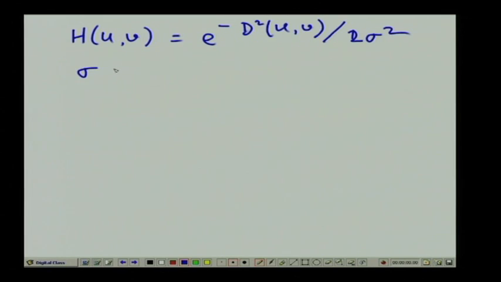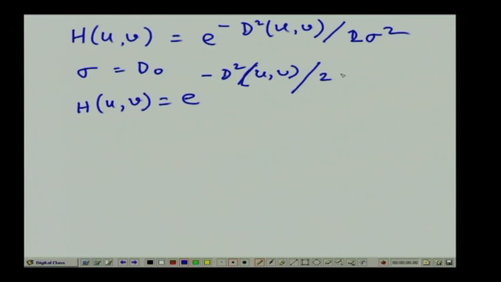If I allow sigma to be equal to the cutoff frequency, say d0, then this filter response will be e to the power minus d square u v upon 2 d naught square. Now, if I use such a Gaussian Lowpass filter for the filtering operation, the inverse Fourier transform of this is also Gaussian in nature. So, using the Gaussian filters, we will never have any ringing effect in the processed image.